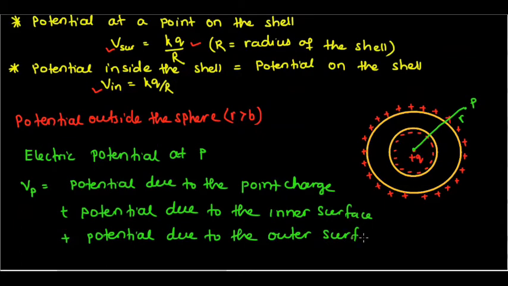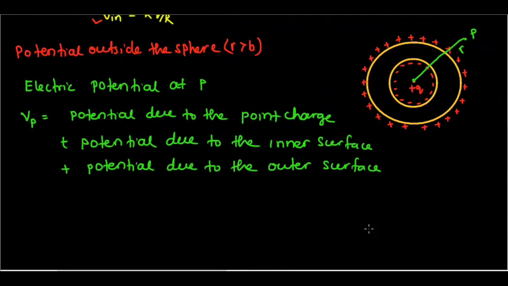Since we have three charge distributions, one point charge and two spherical charge distributions, we have to find the potential due to all these charge distributions, and then we have to add them algebraically. So first I have to write the expression for potential due to the point charge. We know that the point P is at a distance r from the point charge plus Q. So the potential at P due to the point charge will be kQ by r.